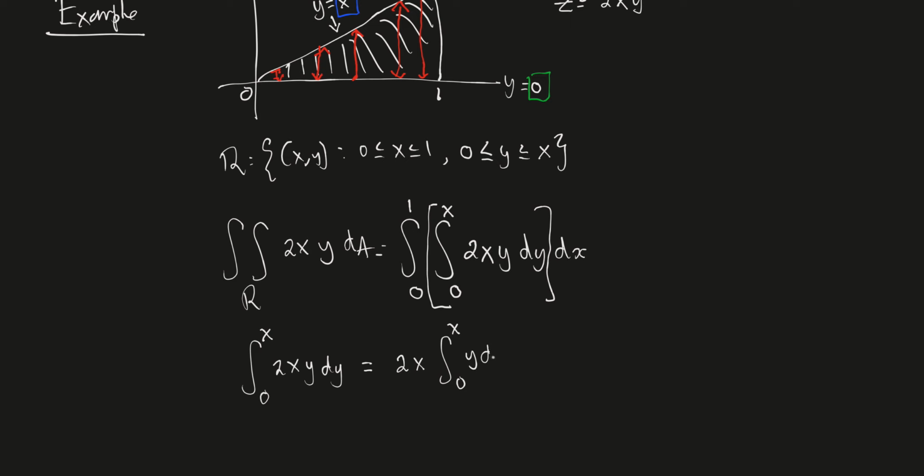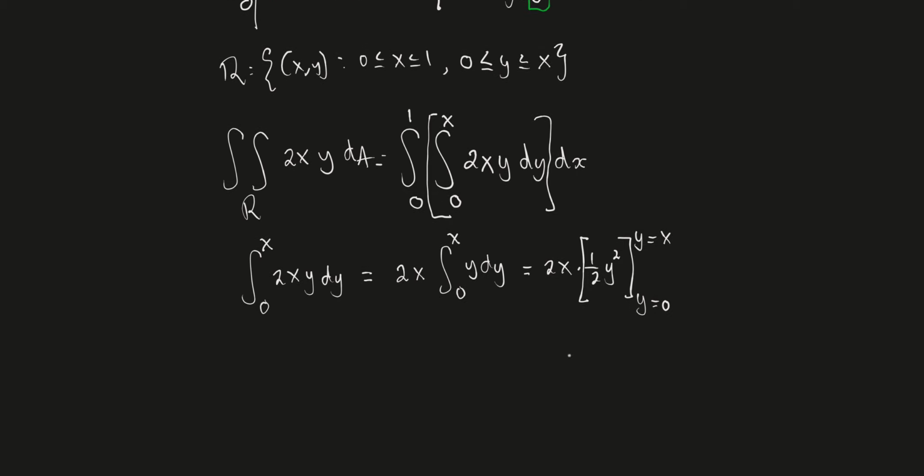So y dy, and then we integrate. So we have 2x. Now the antiderivative of y with respect to y is 1/2 y squared, and then we're going to evaluate this. You can put the square brackets around the whole thing, or just the part that has your variable, but remember, this is the y lower limit 0, and this is the y upper limit x. And then we use our fundamental theorem.